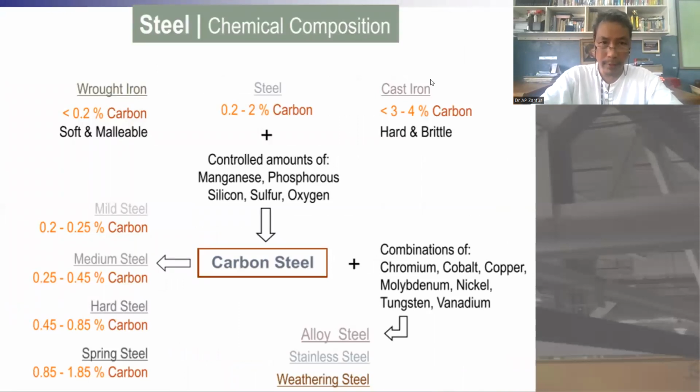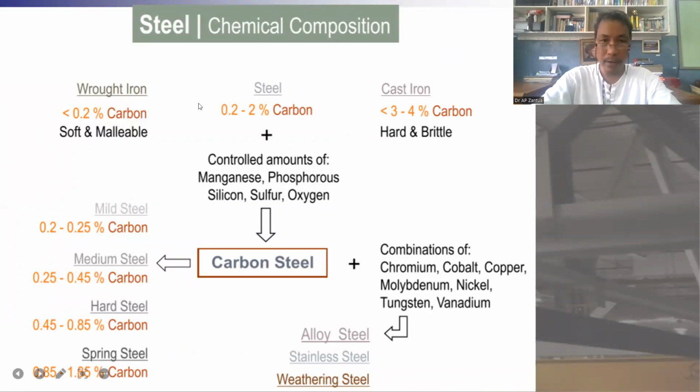So in a more detailed manner, let us classify different types of steel, starting from the point of view of what percent carbon. For example, if we have 0 to 0.2% carbon, we call that wrought iron.